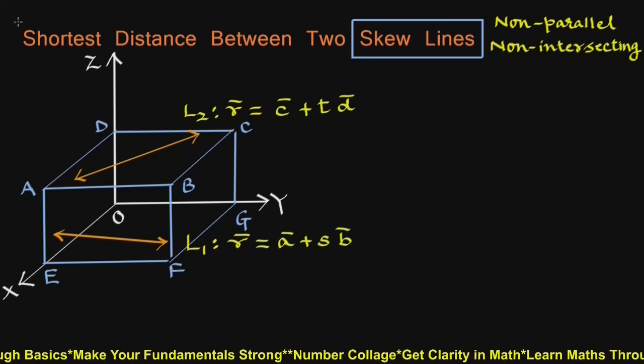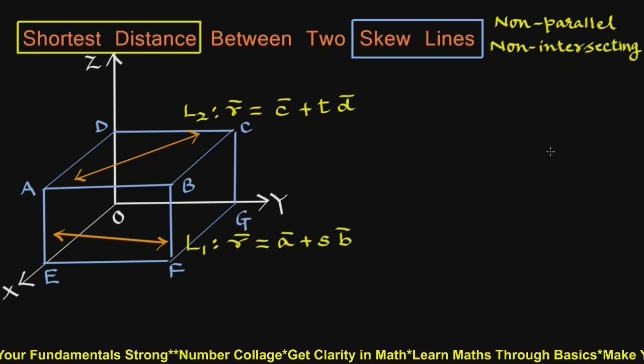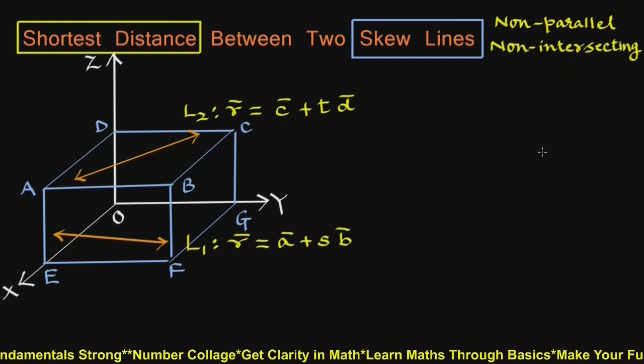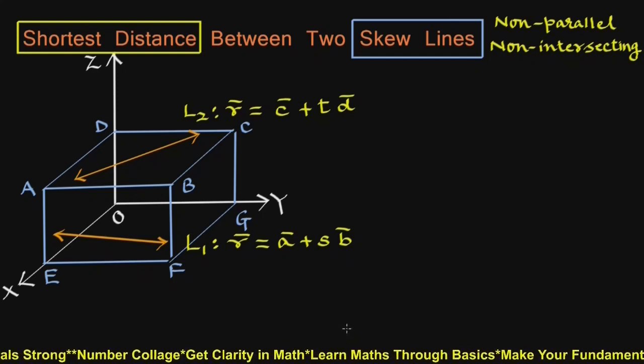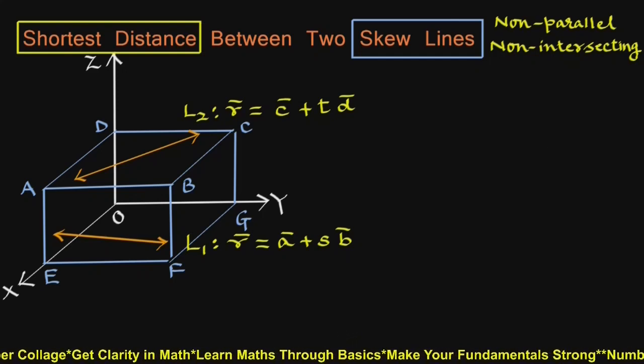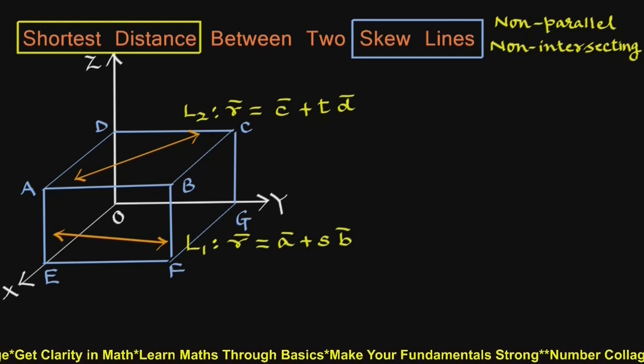We consider the shortest distance between two skew lines because away from the shortest distance, the distance diverges to infinity.